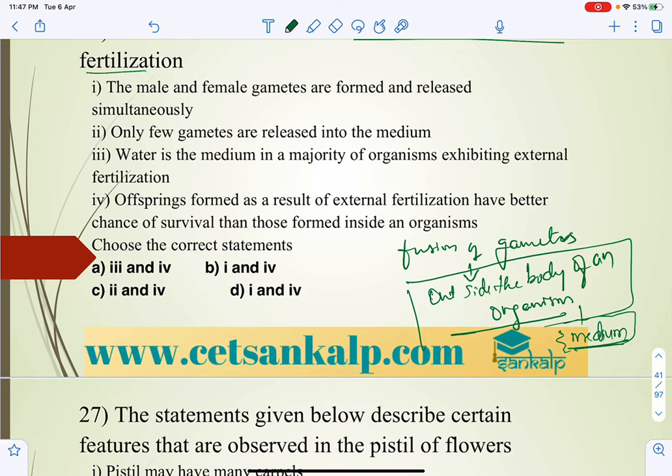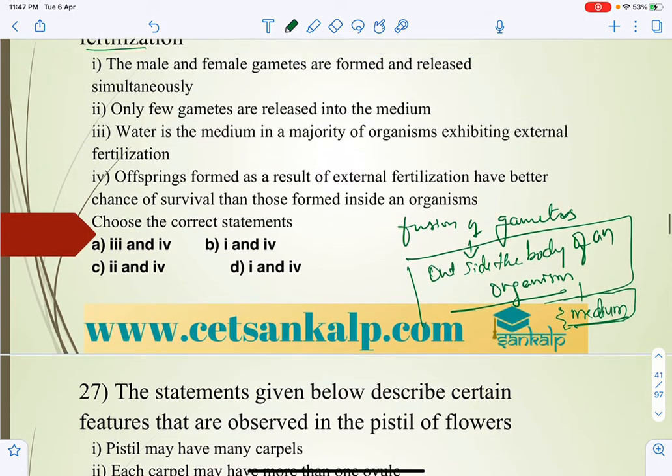So here gamete transfer is going to take place, right? A water medium is required. So in algae, bryophytes and pteridophytes, water is a medium which is required. But when it comes to bryophytes and pteridophytes, there will be internal fertilization.